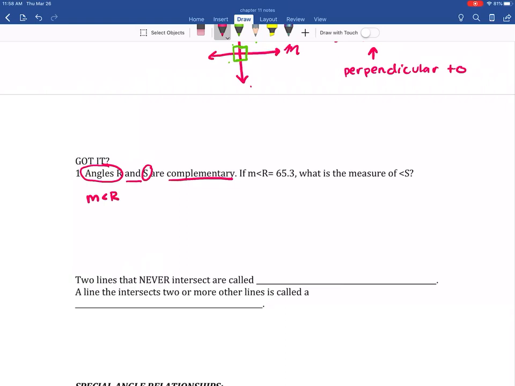The measure of angle R, and would tell me to add the measure of angle S, are complementary, and complementary meant 90 degrees. So if I keep reading, it tells me the measure of angle R is 65.3. So where I see the measure of angle R, I'm going to plug in 65.3.